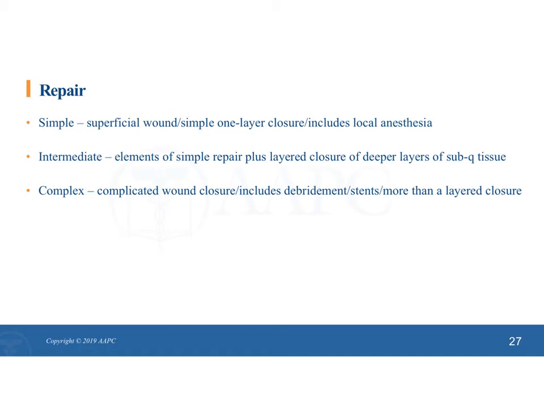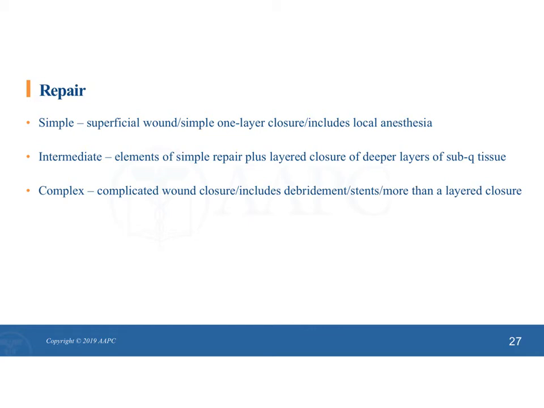When you look at the guidelines, there are 3 types of repair: simple, intermediate, and complex. A simple repair is for a superficial wound that involves primarily the epidermis or dermis that doesn't include the deeper structures. The closure is a simple, one-layer closure and includes local anesthesia.